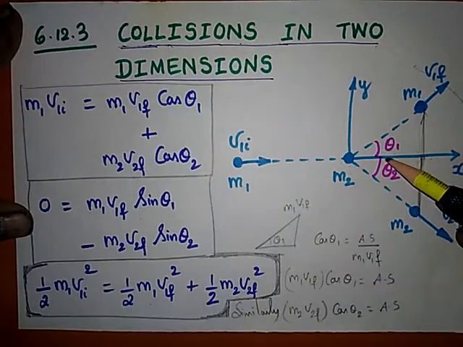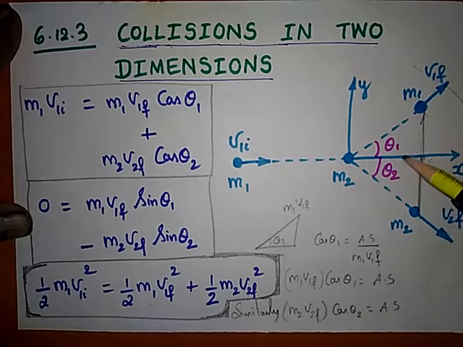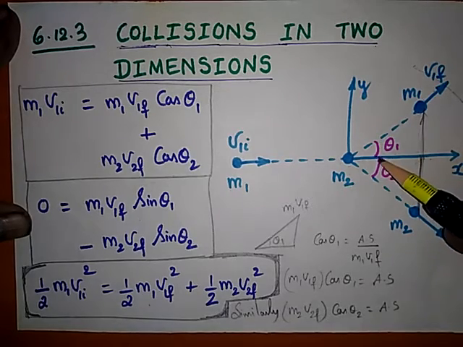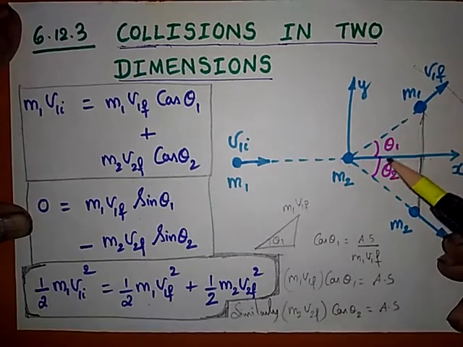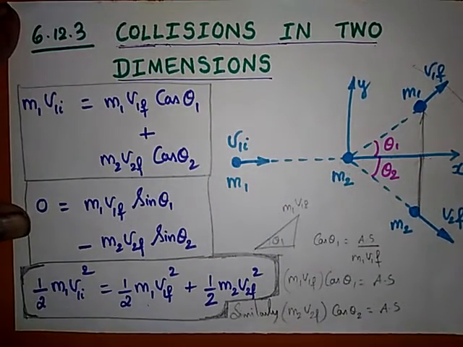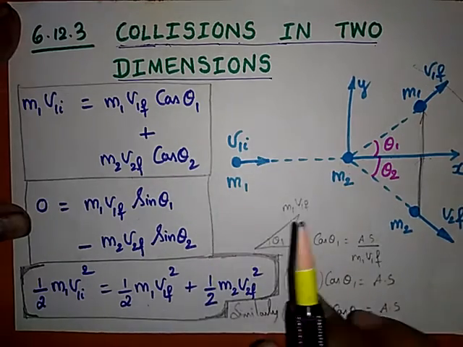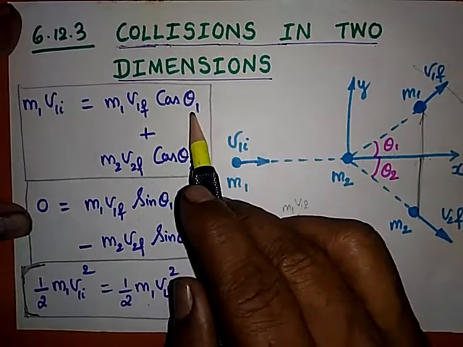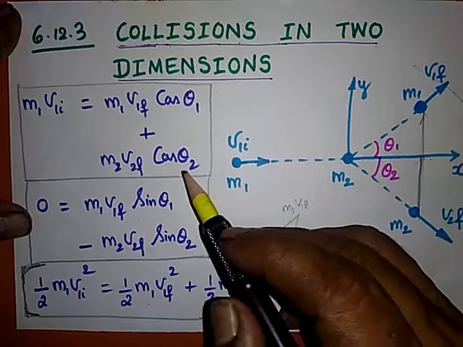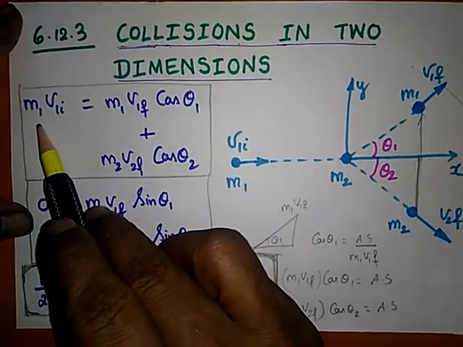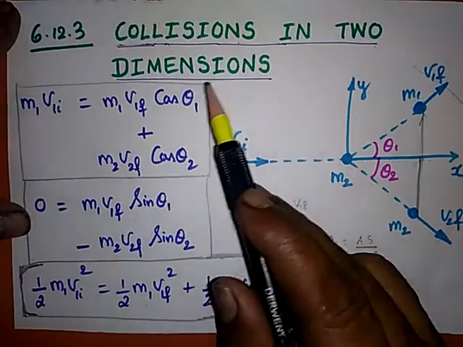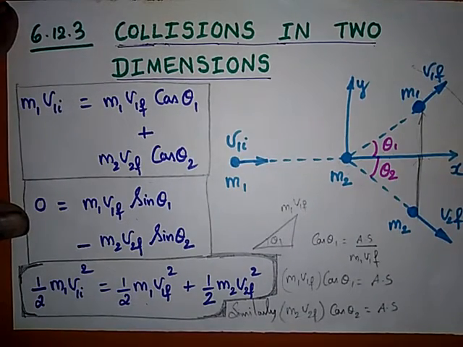If theta 1 and theta 2 are equal to 0, you will get the one-dimensional collision equation. Theta equal to 0 means cos 0 is 1, here also cos 0 is 1. Therefore you will get the equations in one dimension.